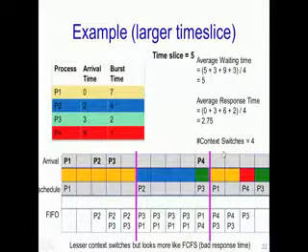Now, if we take the same example, but with a time slice of 5 instead of 1, and if we compute the average waiting time and average response time, we see that the response time increases considerably to 2.75, while the number of context switches reduces quite a bit to 4.